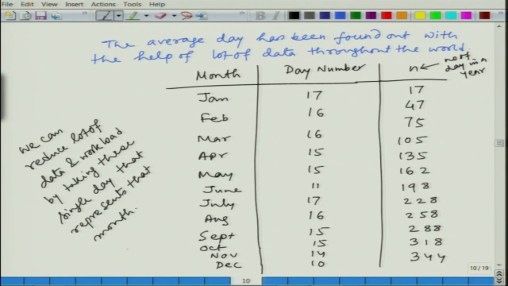That is how this H naught bar is calculated.